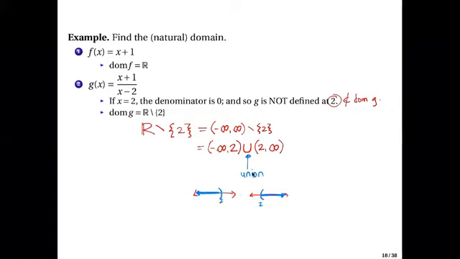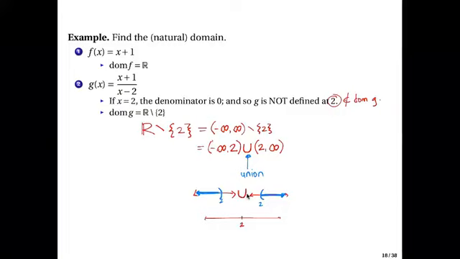You get the union. This is the union. If you get the union, this is how we're going to draw it. This is your 2 here.